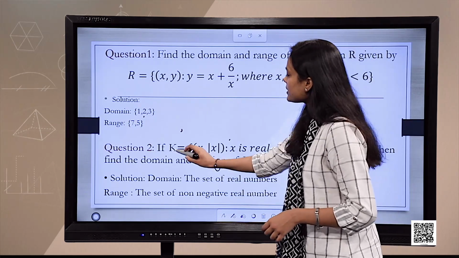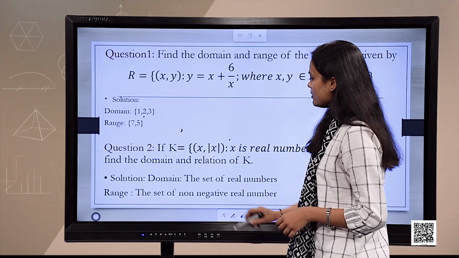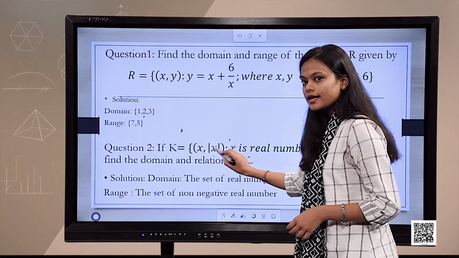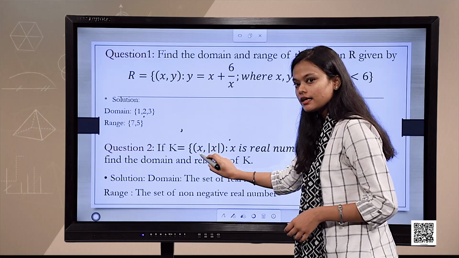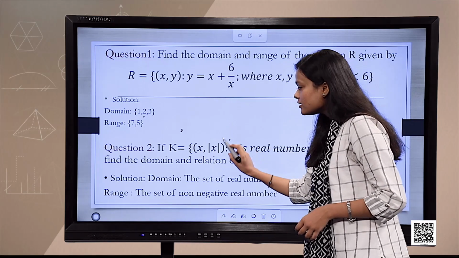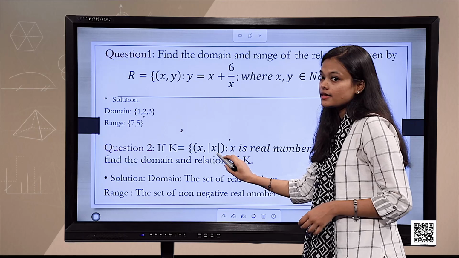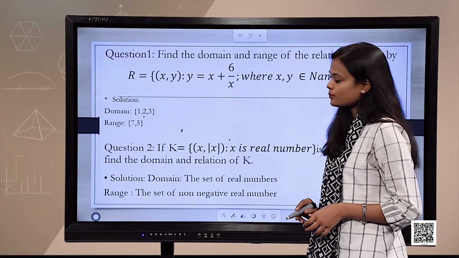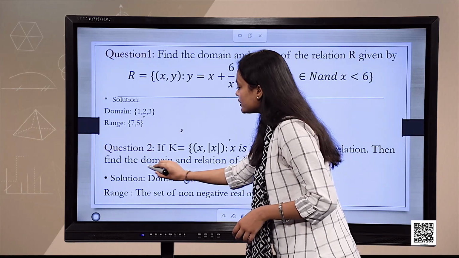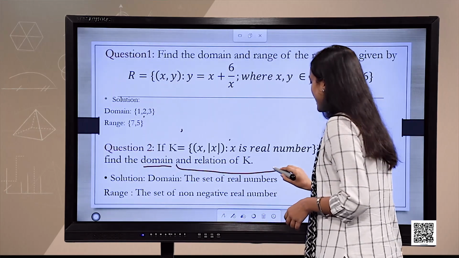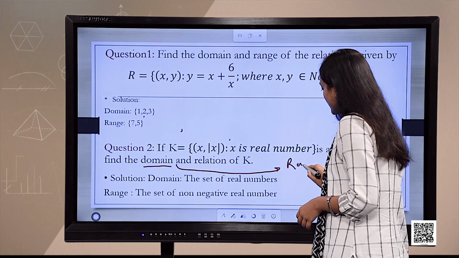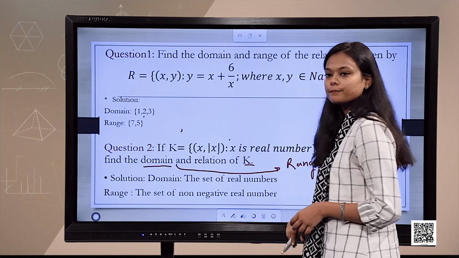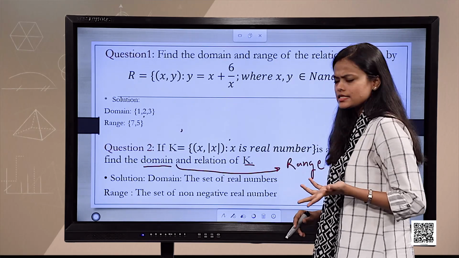So, let us take another question. In this, the relation K is given, where the elements are related as follows: if x is a real number, then the positive value of x, that is the modulus value of x, will be its image. In this, we have to find the domain and range of this relation K. Remember, very easy.